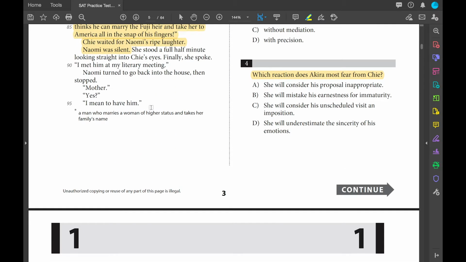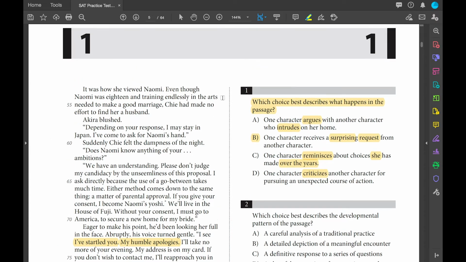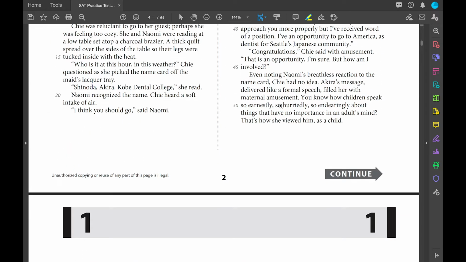And again, we're just looking for the reaction that Akira fears from Chiya. 49 to 51. You know how children speak so earnestly, so hurriedly, so endearingly about things that have no importance in an adult's mind? But that's how she viewed him. And we're looking at how Chiya viewed Akira. How Akira viewed Chiya, not how Chiya viewed Akira.